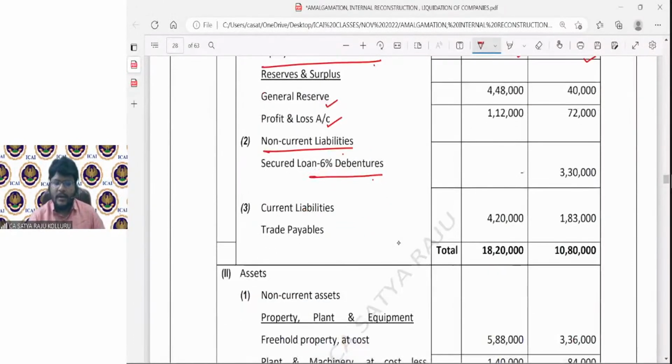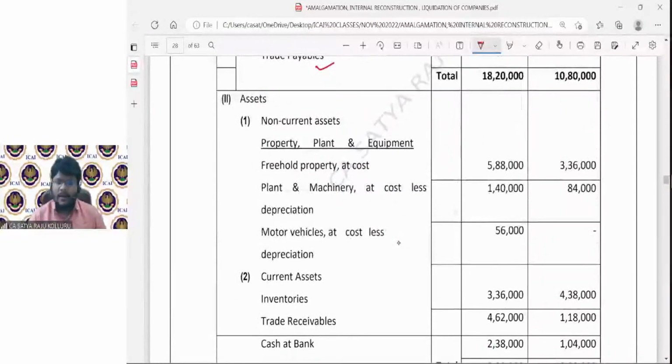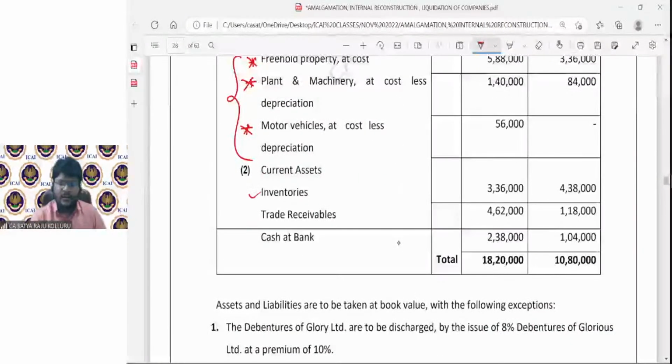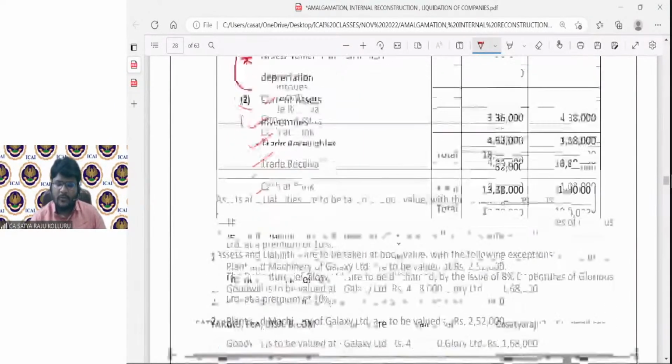Then current liabilities, trade payables is given. This is the information related to liabilities and share capital. Come to assets. Under non-current assets, PPE: freehold property, plant and machinery less depreciation, motor vehicles less depreciation. Total 3 different PPE are given. Then current assets: inventory, trade receivable. Cash at bank is the final component.